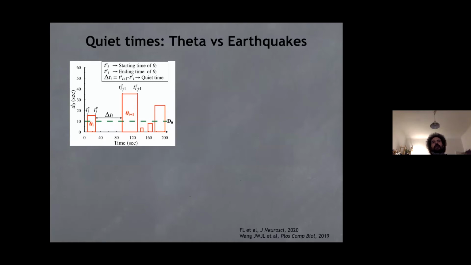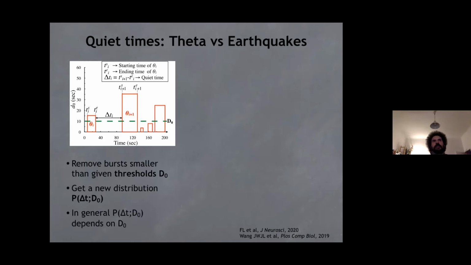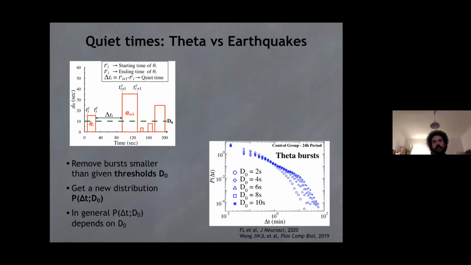Then we decimate the events according to this threshold, so we only consider events with a duration longer than that threshold. Then we measure the distribution of quiet times between those events. Of course, this distribution will depend on the threshold D0, right? This is what you see.